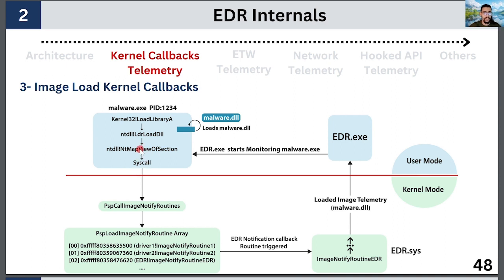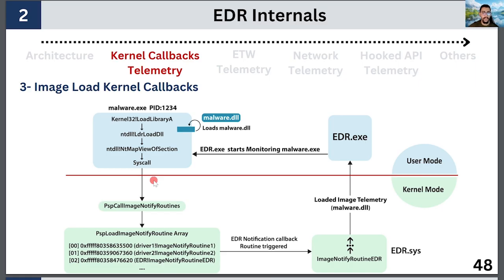The syscall instruction will cause the transition from user mode to kernel mode. Once in kernel mode, the syscall is handled by the Windows memory manager, which maps the image malware.dll into the process address space and verifies its signature and integrity.